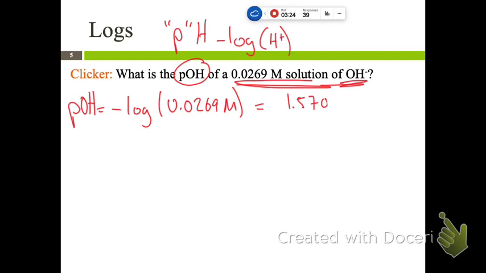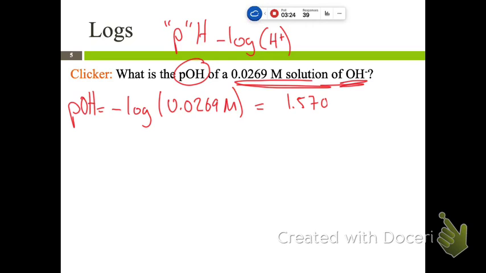Negative log. Of? 0.0269. So we can't take the negative log of this and call it pH, because this is OH minus concentration. So the negative log of this concentration is by definition POH. Does that sit well? Nope.